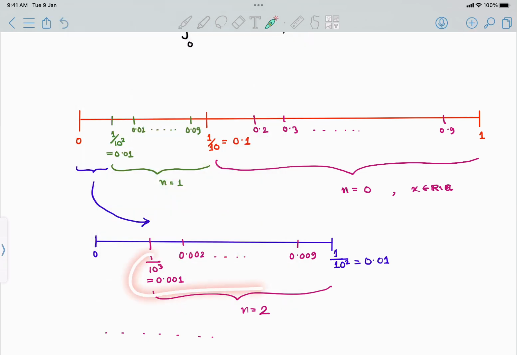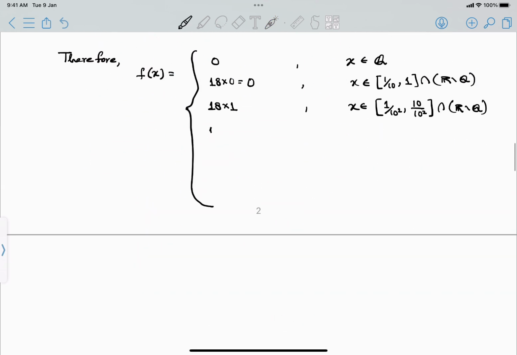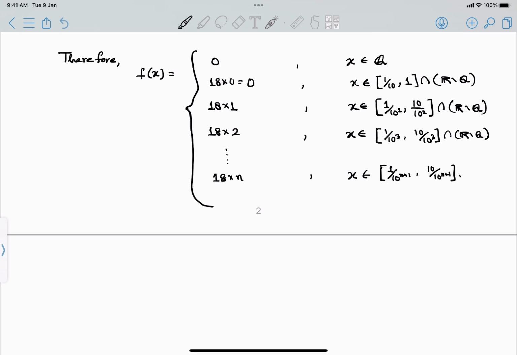So it is 18 into 2 when x belongs to 1 over 10 cube to 10 over 10 cube, intersection R minus Q. So like this, what you will get is 18 into n when x belongs to 1 over 10 to the power n plus 1 to 10 over 10 to the power n plus 1, intersection R minus Q, and so on. So we get the explicit form for f.